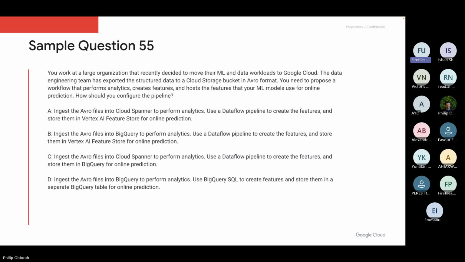Ingest Avro files into BigQuery, perform analytics, use BigQuery SQL to create features and store them in a separate... Why do you say D?